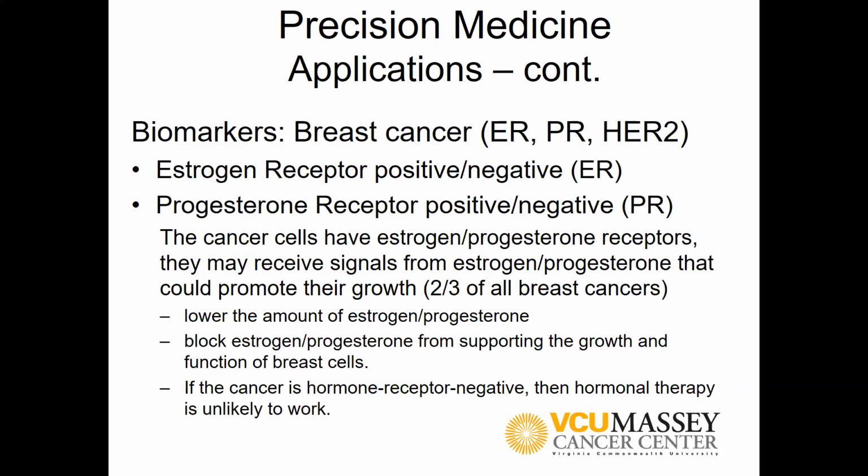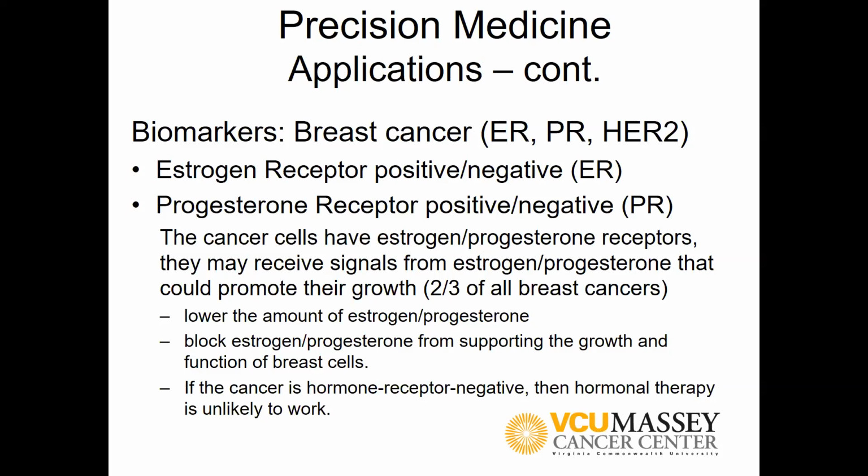So actually, about two thirds of the breast cancers are positive for either or both of these, ER or PR. So what we can do is lower the amount of estrogen or progesterone around the cancer cells, so they won't grow that fast.